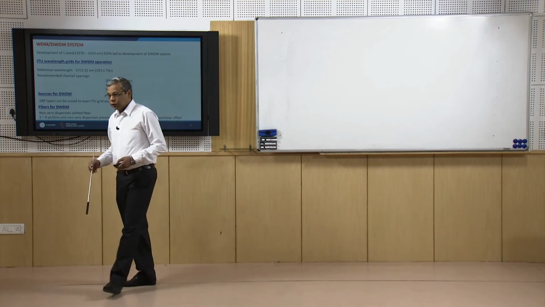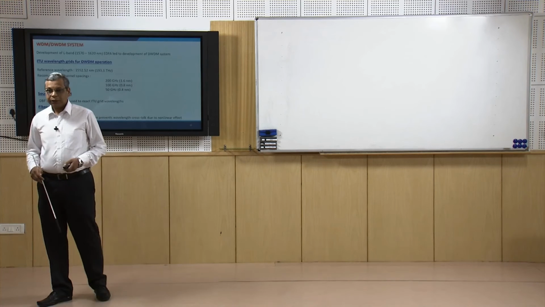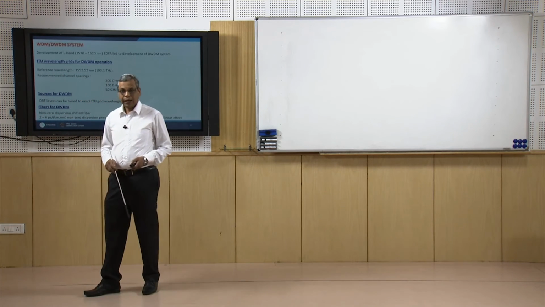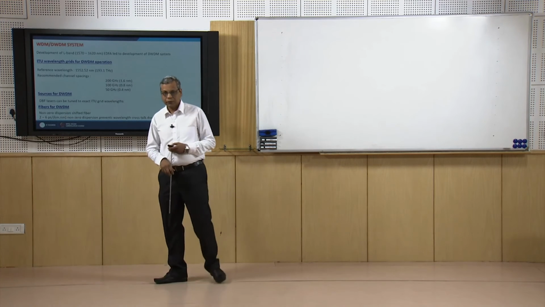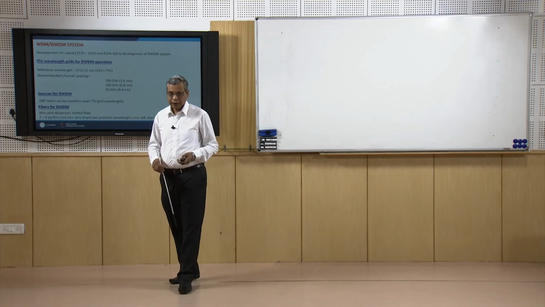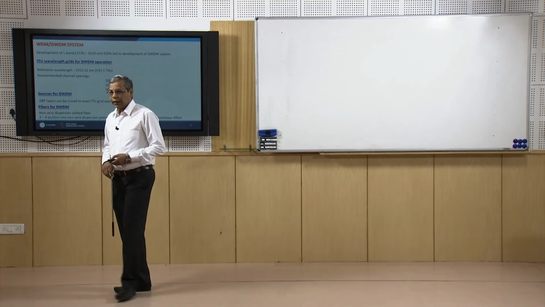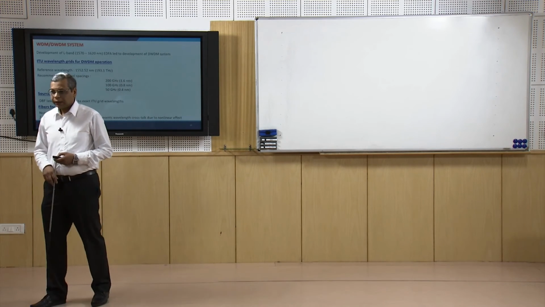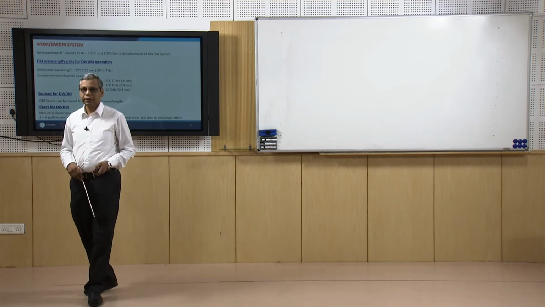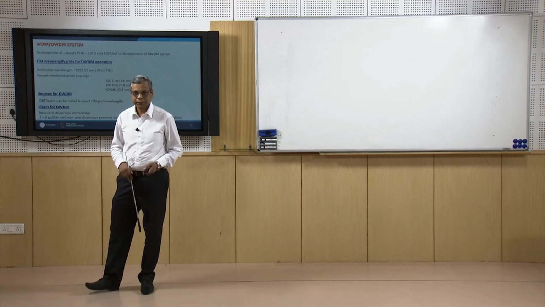So, we should have a fiber which can avoid nonlinear effects. And to avoid nonlinear effects, we should have two things. One is that I should have large mode area. Another is that I should not allow the phase matching condition to be fulfilled for various nonlinear effects.